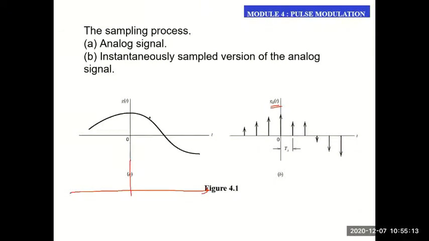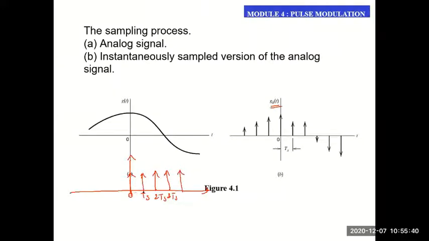First you see here, g of t is the analog signal like this. Now, let me take a periodic impulse train with impulses every Ts apart. So what is an impulse train? An impulse train is one where impulses are present every sampling time apart.